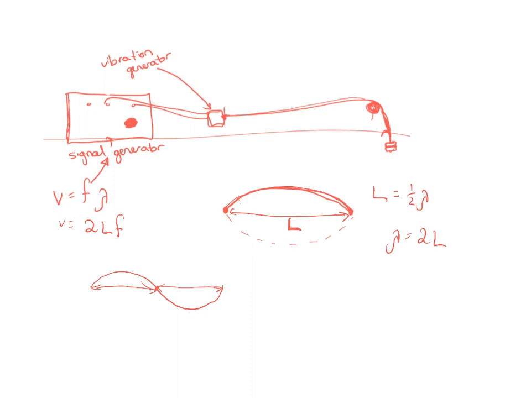We always need to repeat the experiments. So what you will have to do after that is increase the vibration generator's frequency using the signal generator. And you will end up getting another wave between those 2 points that looks like this. Another wave that looks like this.